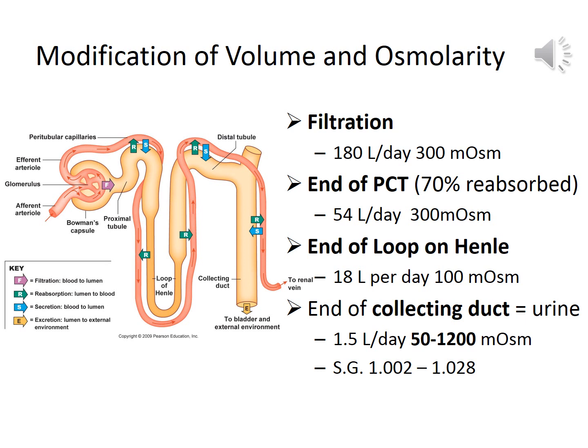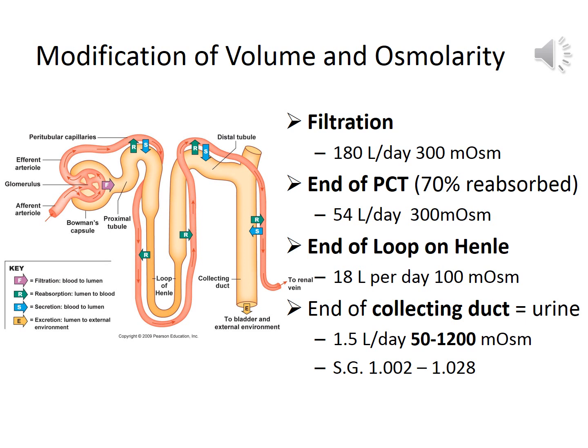Now things are going to start changing. We drop down into our descending loop of Henle. If you remember from physiology, that area is primarily permeable to water, and not permeable to solute.